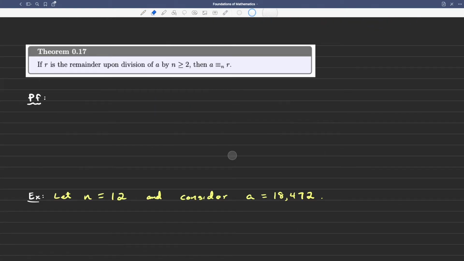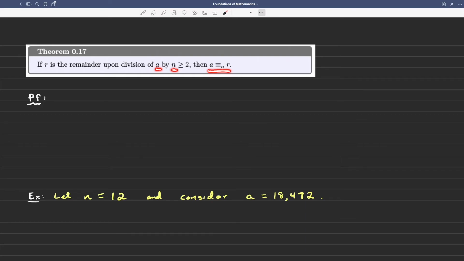Okay, here we have in Theorem 0.17 a really cool fact, and a pretty important one. It just says that if you have some number a, and you divide it by n, where n is greater than or equal to 2, then a will be congruent to whatever the remainder is when you divide by n.